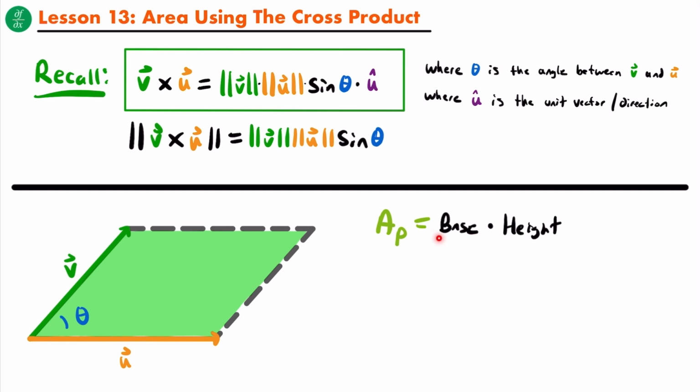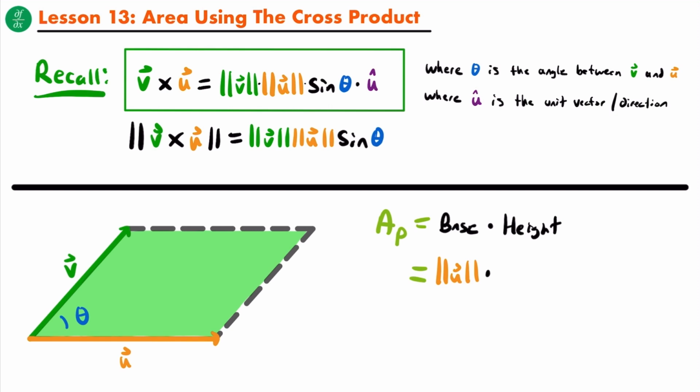Okay, and so the base of this parallelogram would be represented by this side, or the length of vector u, which we can immediately recognize to be the magnitude of vector u, right? The length of this side of the parallelogram, the base of that shape, will just be the magnitude or the length of this vector representing that side. So we could say that the area is equal to the base, which is the magnitude of vector u, times the height of that parallelogram.